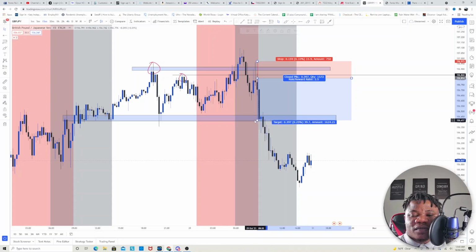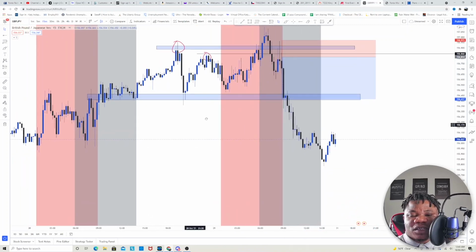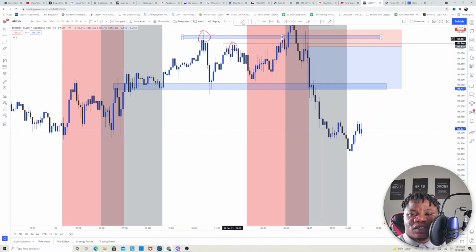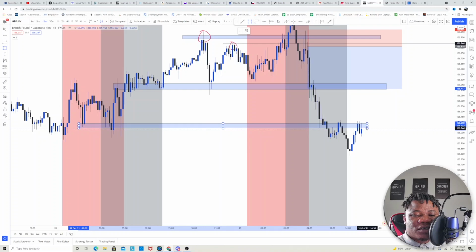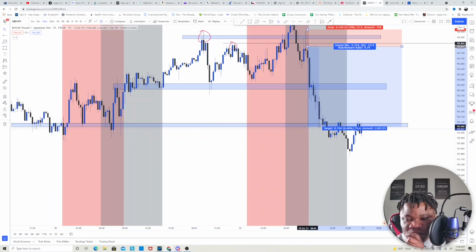We're looking at 40 pips, and if I'm looking to take more profit, all I have to do is look to the left-hand side and I can target this low here during the London session. That would be another take profit target for me.